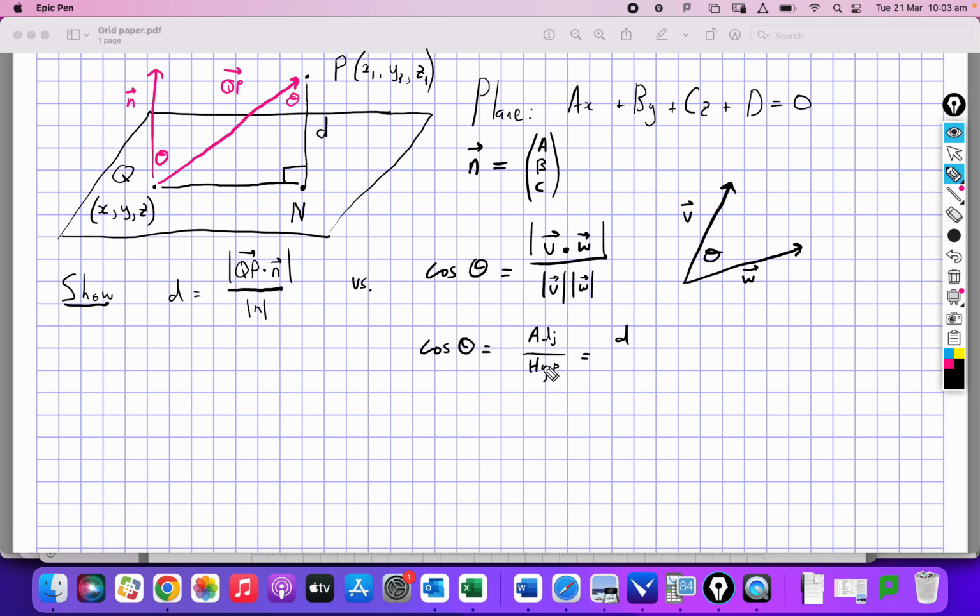And the hypotenuse, yep, that's good because that's in my formula that I'm trying to show. That would be the magnitude of the vector QP. I guess that then, therefore, we could say that cos theta times the hypotenuse h equals an adjacent. For us, cos theta times the magnitude of vector QP gives us our distance.